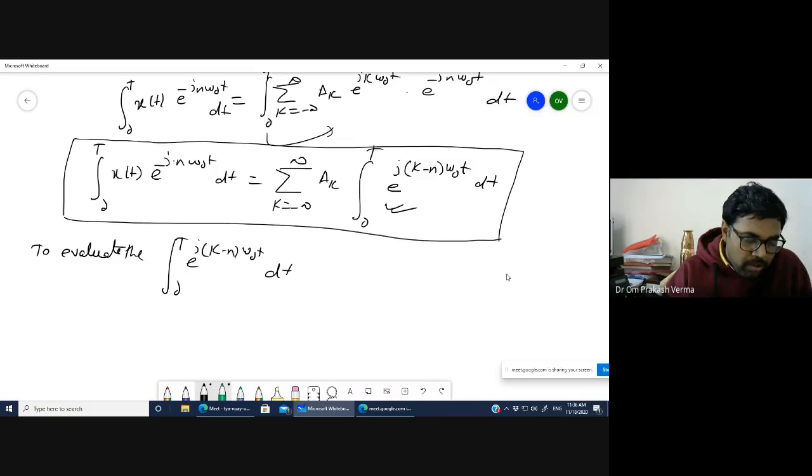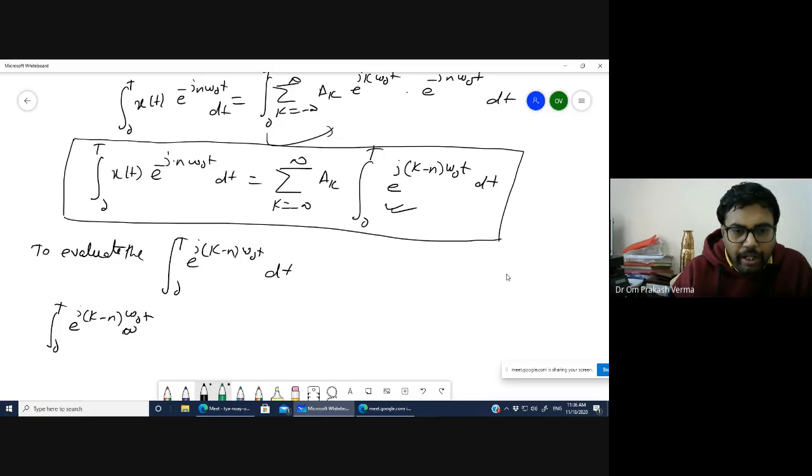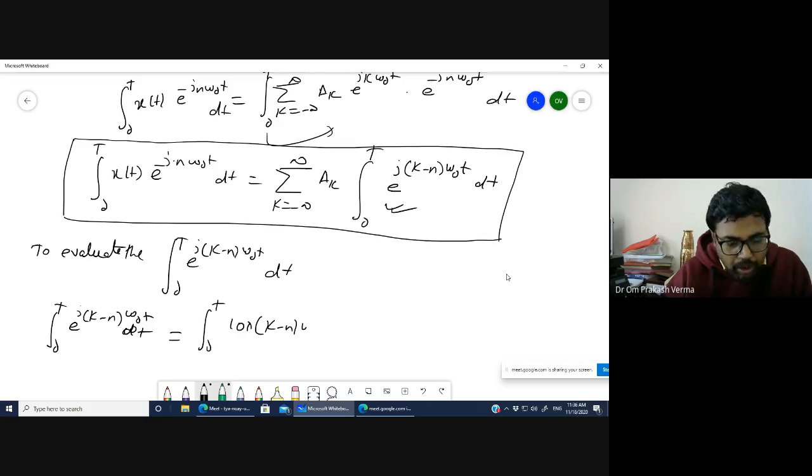In polar form, it may be written as the integral from 0 to T of cos((k-n) omega_0 t) plus j sin((k-n) omega_0 t), dt.